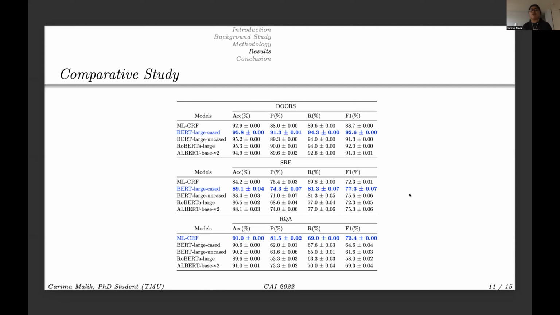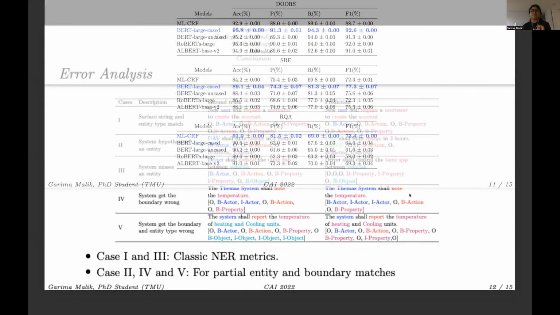And for SRE as well, BERT large cased performs pretty well in terms of F1 score, precision, and recall. But in RQA, since we had 20 entities and 378 requirements, for some of the entities we had 0 support. So in that case MLCRF is working pretty well compared to all the other transformer models.